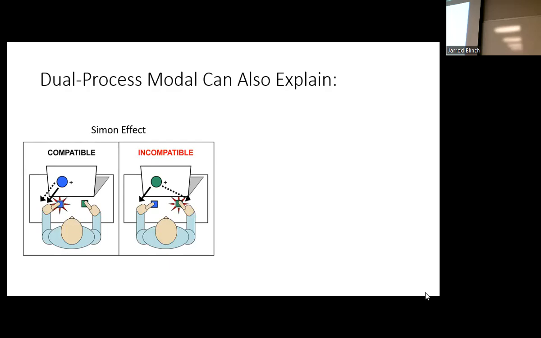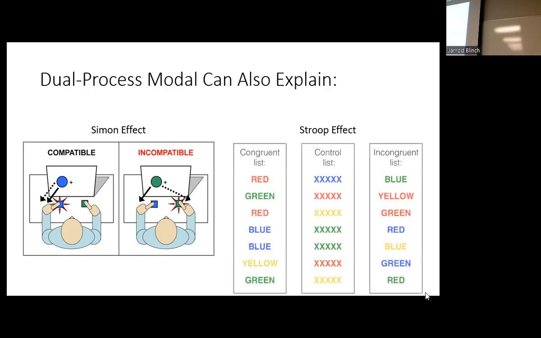There was one example of this in the paper where you're wearing headphones and you'll hear the word left or right, and it could be in your left or right ear. I'm trying to remember if that's the earliest version of the Simon effect, and this is maybe the more commonly used one. And then there's the Stroop effect, and maybe you've seen this one before.